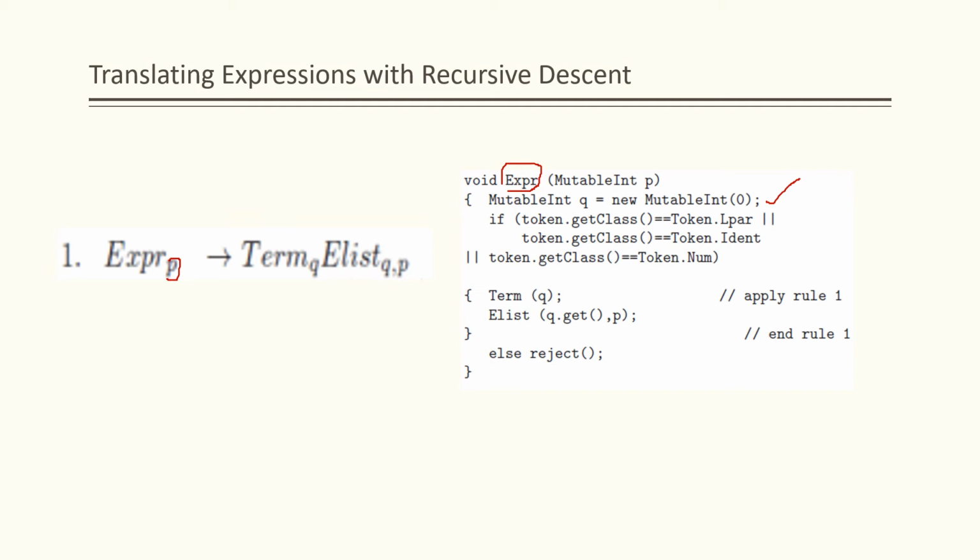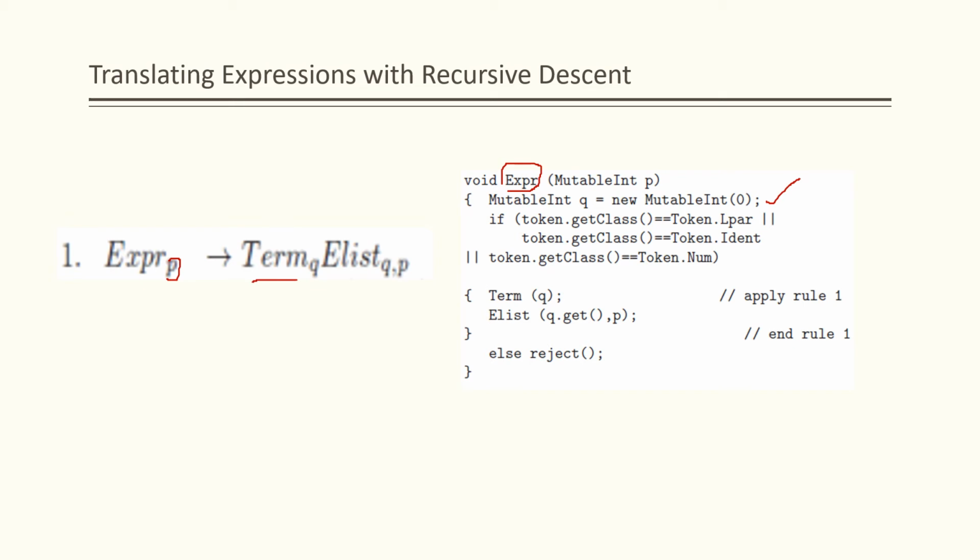Then you read the token, which can be either a left parenthesis, an identifier, or a number. Next, you start with term Q.